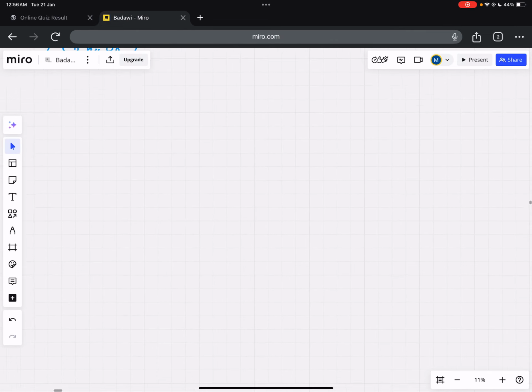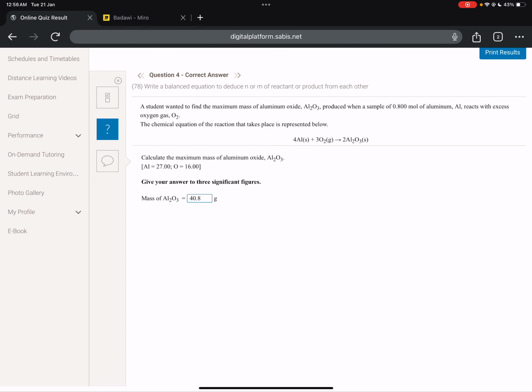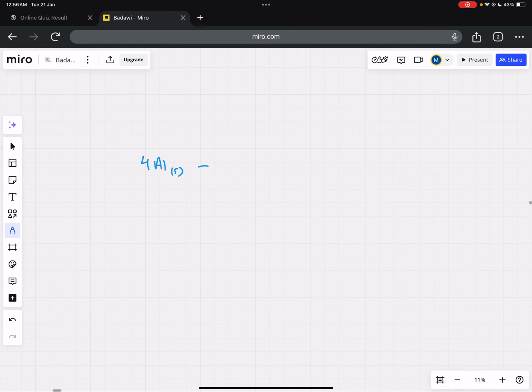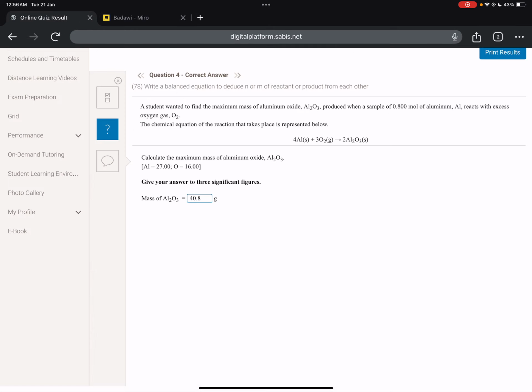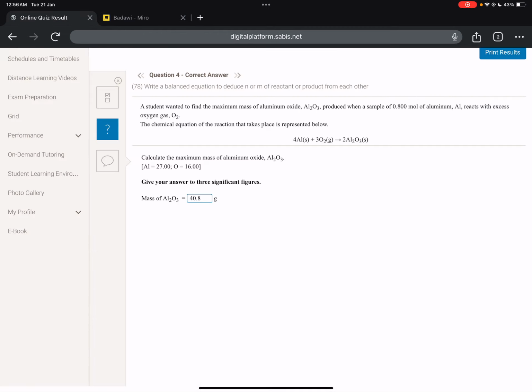So I have 4 Al plus 3 O2, which is gas, gives me 2 Al2O3. Now here the equation is already balanced. However, in the exam, watch out if the equation is not balanced. Always double check that your equation is balanced. So this is the first step.